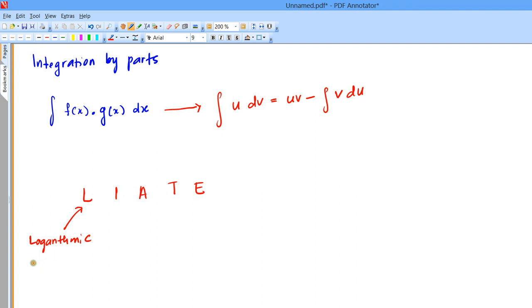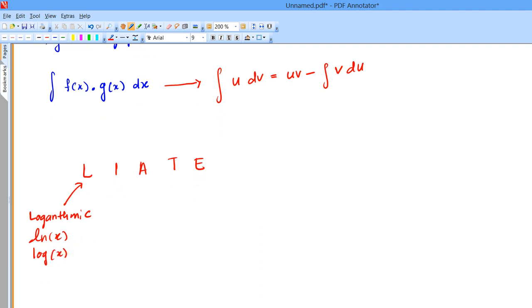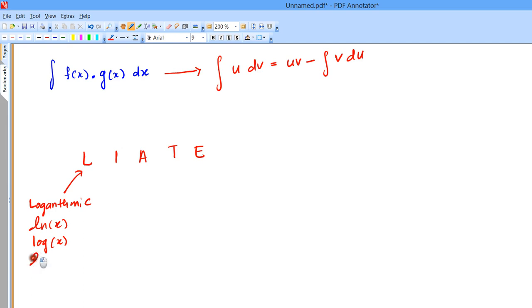For example, we have ln x or log x, or we have ln(x plus 1).